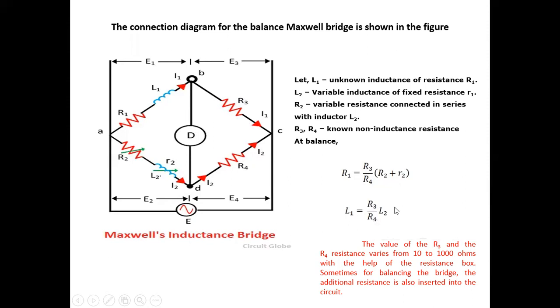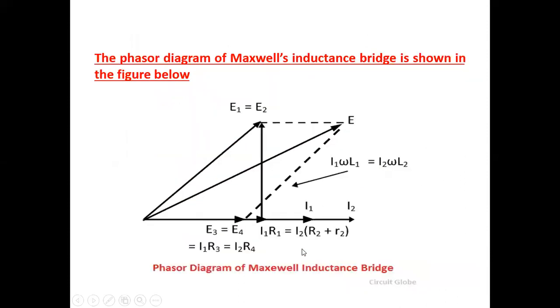This is your Maxwell inductance bridge, which is used for the measurement of an unknown value of inductance by comparison with a known value of inductance, that is L2. The values of R3 and R4 resistance vary from 10 to 100, 1000 ohm with the help of a resistance box. Sometimes for balancing the bridge, additional resistance is also inserted into the circuit.